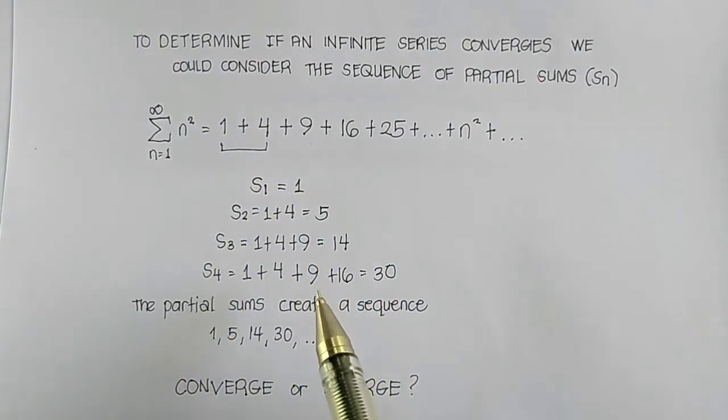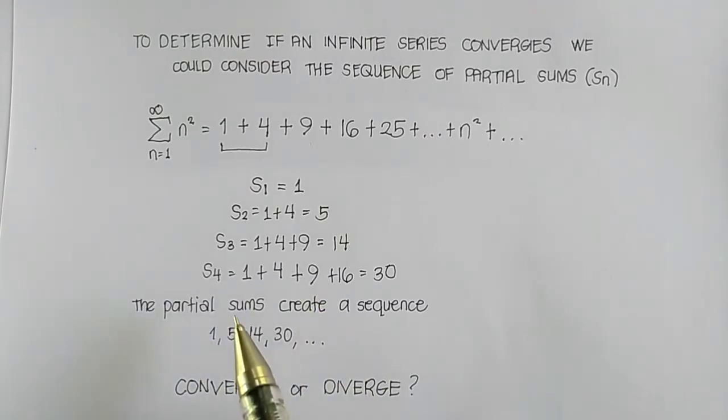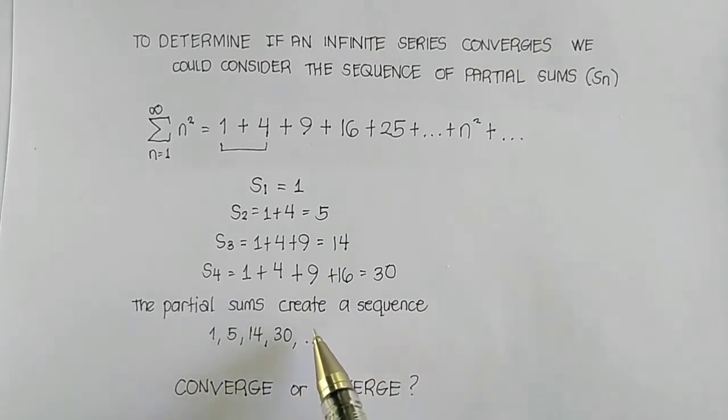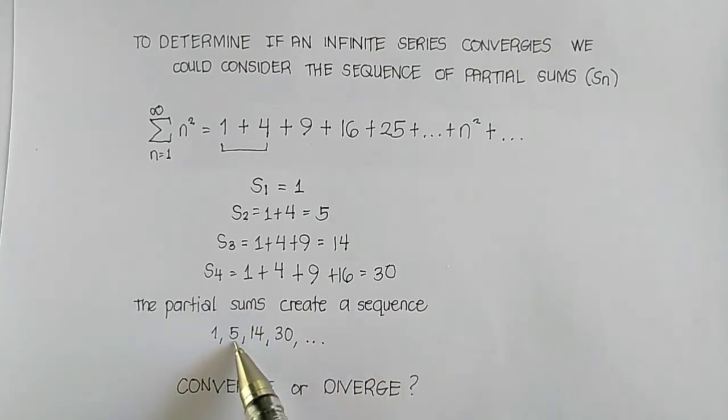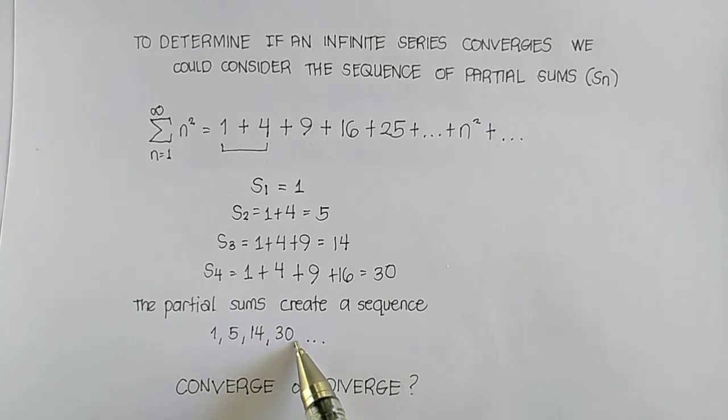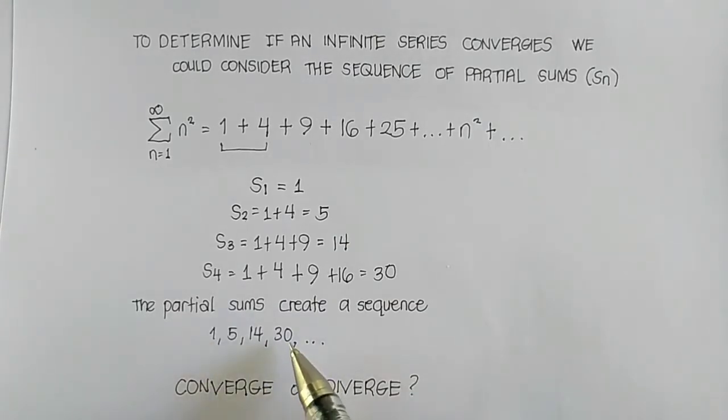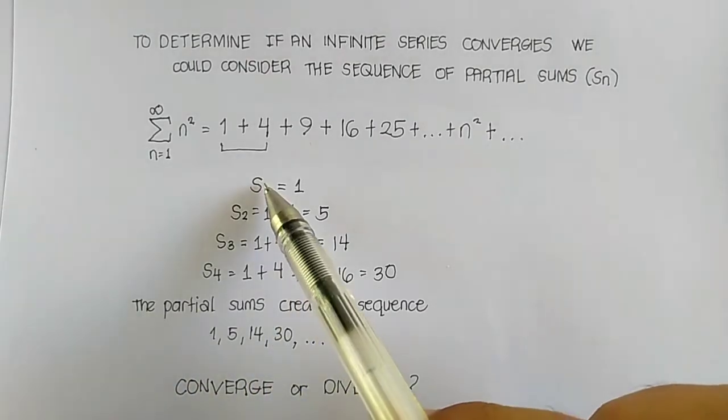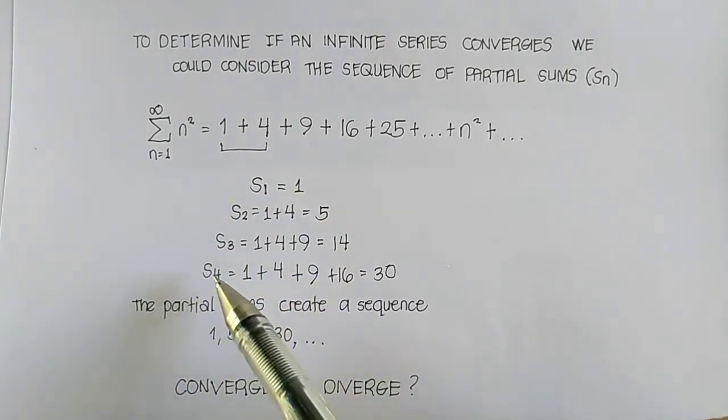And so on. And the question becomes: does this sequence of partial sums, 1, 5, 14, 30, converge or diverge? This sequence has been generated from this series.